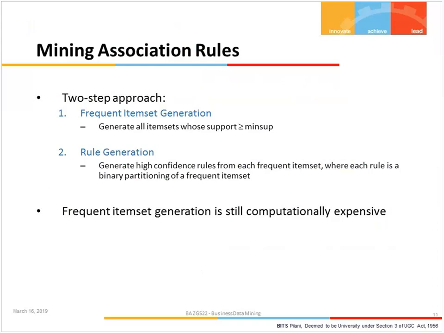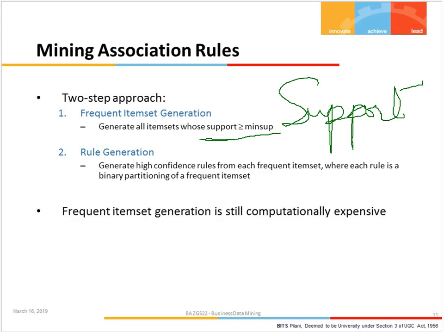So to find the association rules, we are doing two steps. Step one, we find frequent item sets, that is, item sets with high support. Here our focus is entirely on support, where our intention is frequent item set generation, sometimes referred to as frequent item set mining: given a data set, find all the frequent item sets.